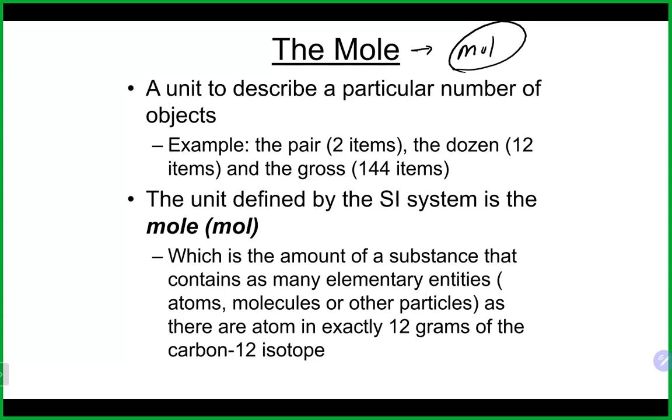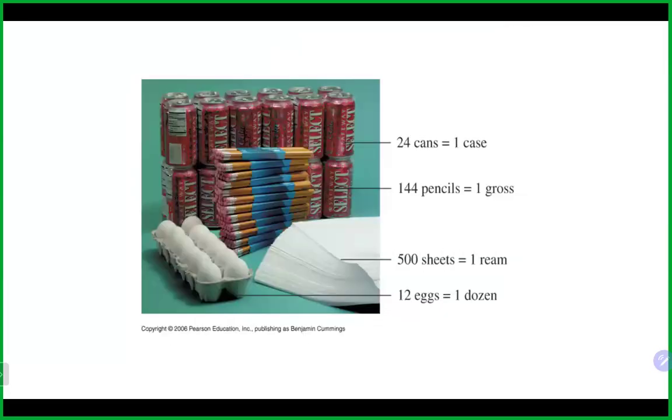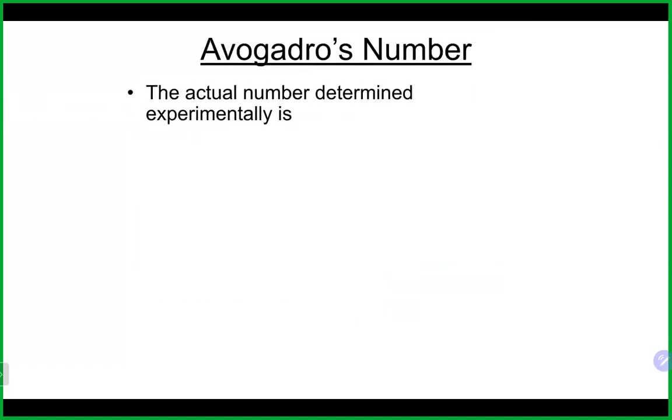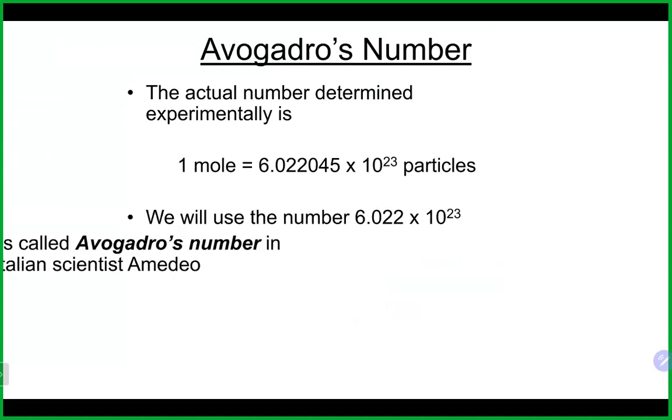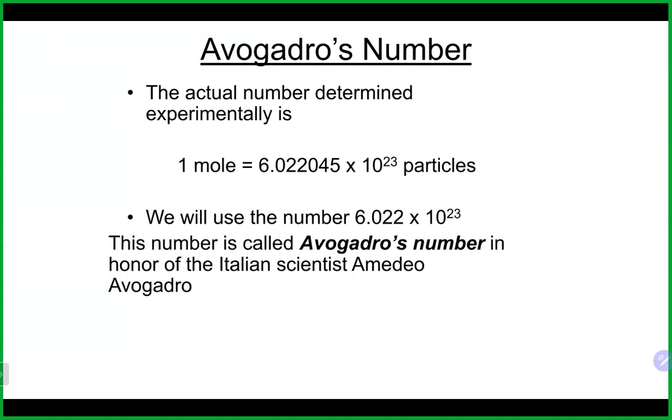If you remember, the carbon-12 isotope was the isotope they used to figure out the atomic masses of everybody on the periodic table. That was the isotope of carbon that they used. Come back to those, I think. Now, when we say we have a mole of something, as I mentioned before, it does represent a certain amount.